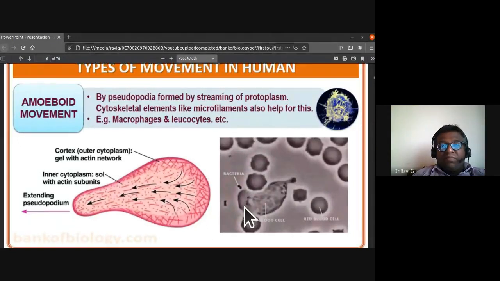So the pseudopodia form, and these two pseudopodia fuse along with the microorganism, and they are pushed inside as a food vacuole and they are digested. So amoeboid movement is by formation of pseudopodia, which is formed by the streaming of protoplasm. The cytoskeletal elements like microfilaments also help for this. Example is macrophages and leukocytes.